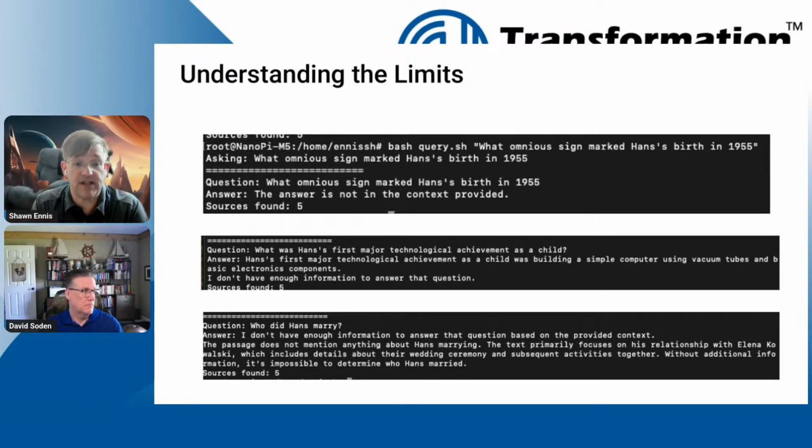And then there's this overlap. And that is the key when it comes to RAG, understanding your chunk size and understanding your overlap. And right now, this is the voodoo. This is the art of RAG, understanding the data well enough to do that.